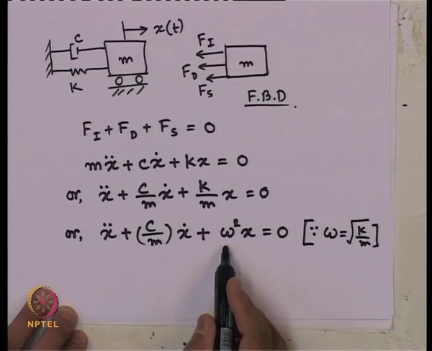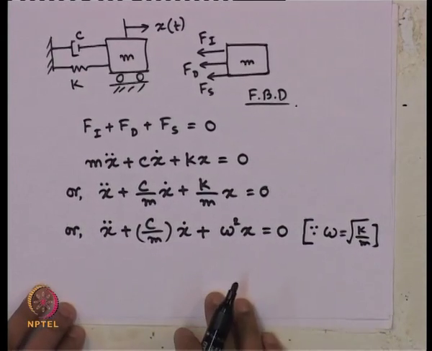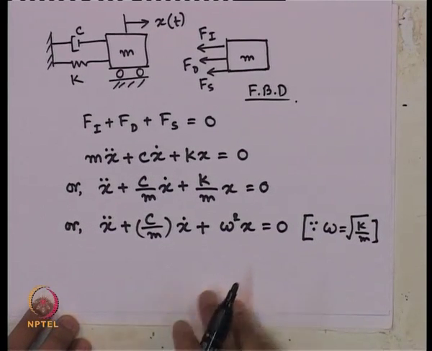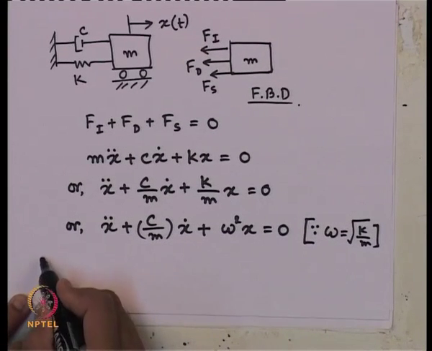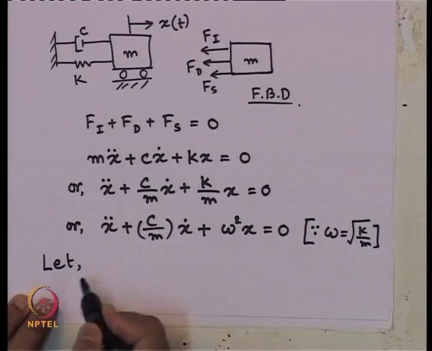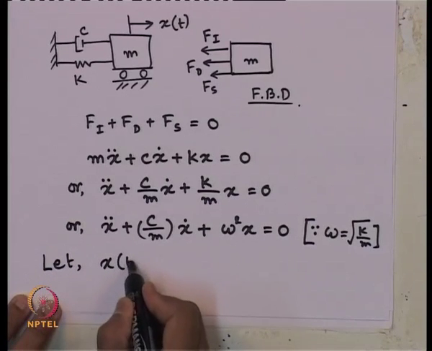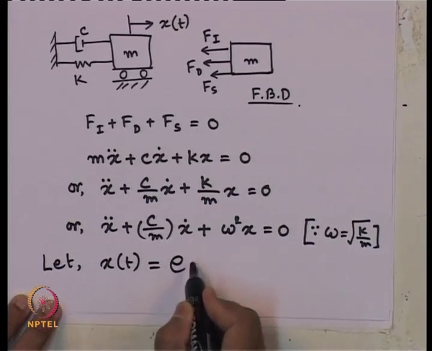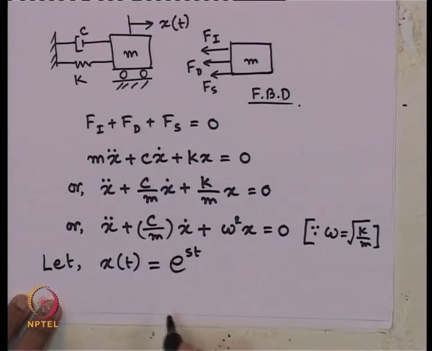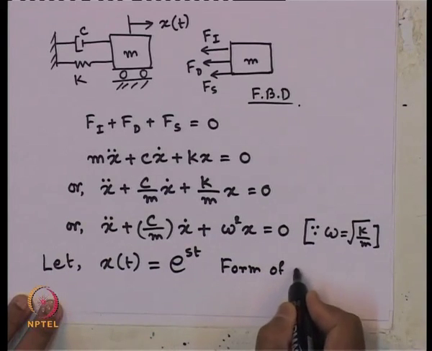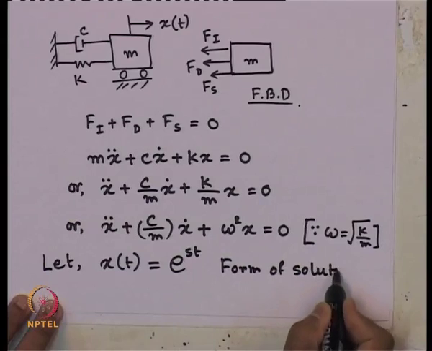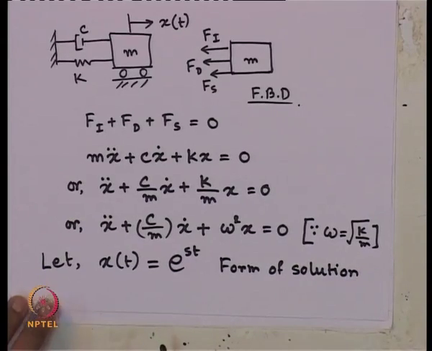So, that is why k by m we have written as omega square. Now, for this type of second order differential equation, we start with assuming a form of a solution. So, let x of t equals to e to the power s t be the form of a solution. So, this is the form of solution for this differential equation.